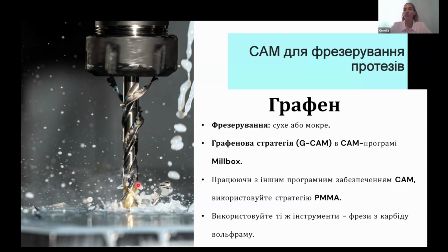The tools are also going to be the same. We always recommend using the originals, but if you are using others on the market, try that they are tungsten burs, and if they have 2 cuts, it's going to be better for milling the graphene material.